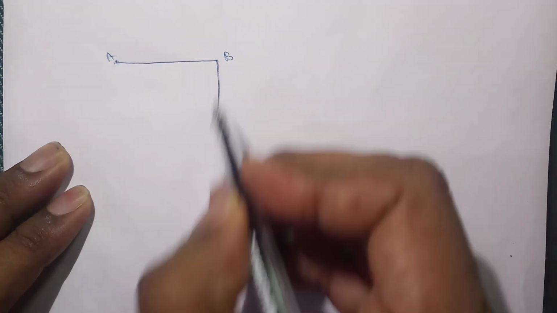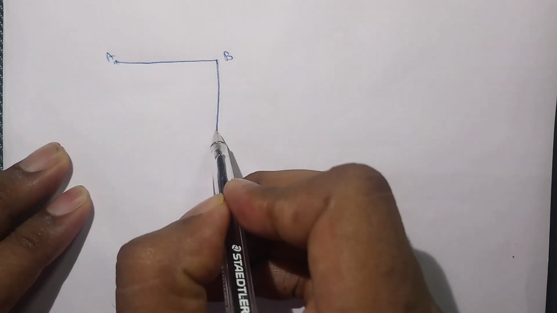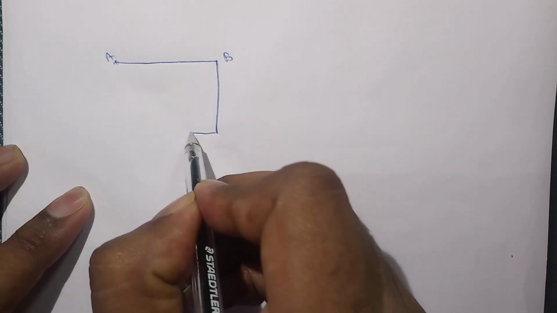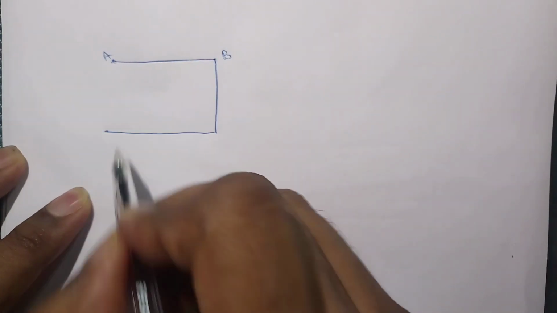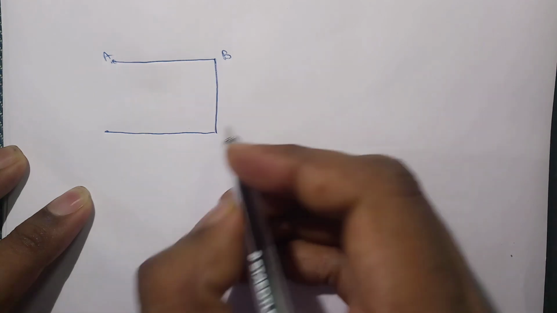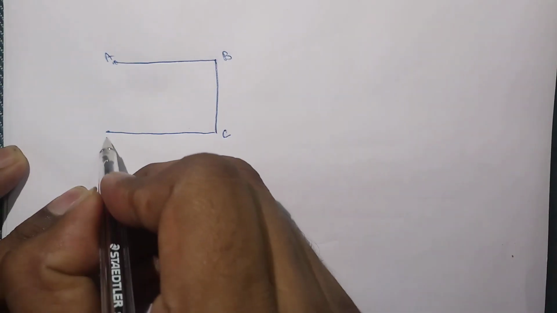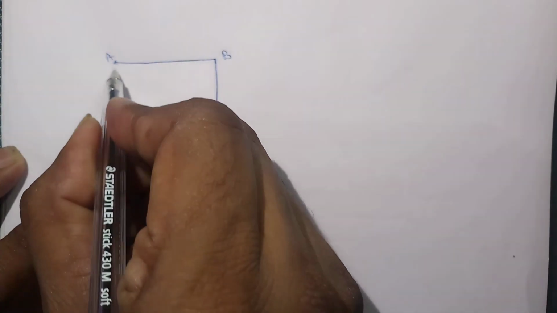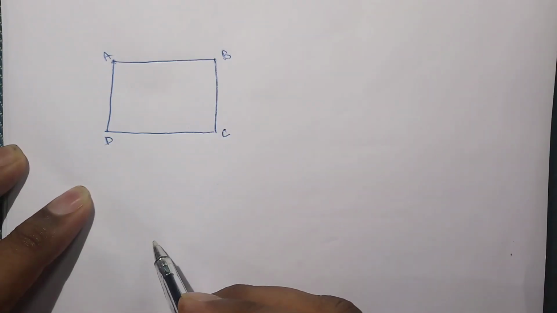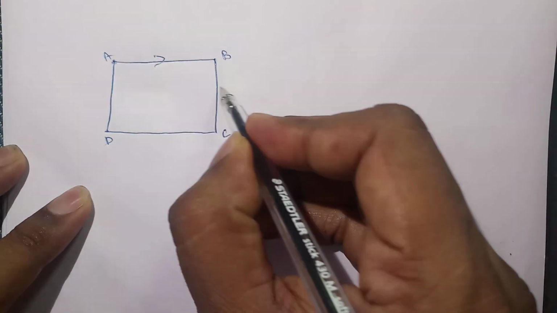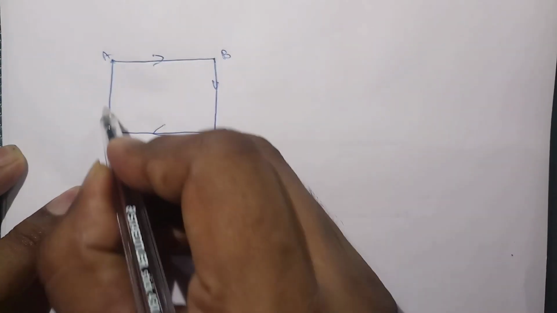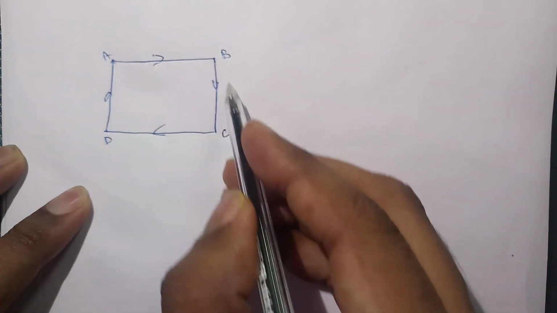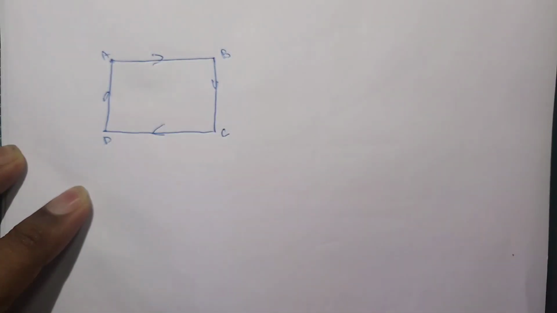From here he again changes direction and comes to C, then to D. From here he again changes and comes back to A itself. So this is the path of a person moving like this.